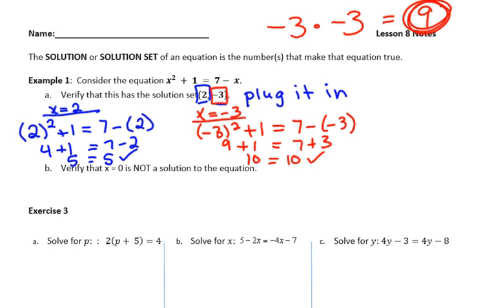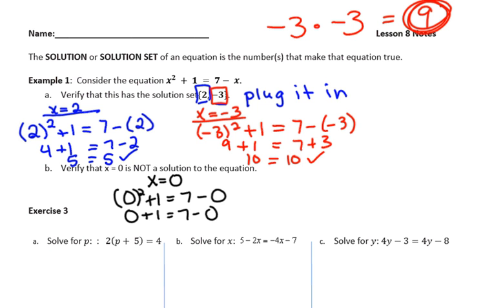Okay, the next one says verify that x equals 0 is not a solution. Same thing that you did above, you're going to do again. I'm going to put x equals 0 into this, and I want to see if both sides equal the same thing. So I'm going to have 0 squared plus 1 equals 7 minus 0. 0 squared is 0 plus 1 equals 7 minus 0.